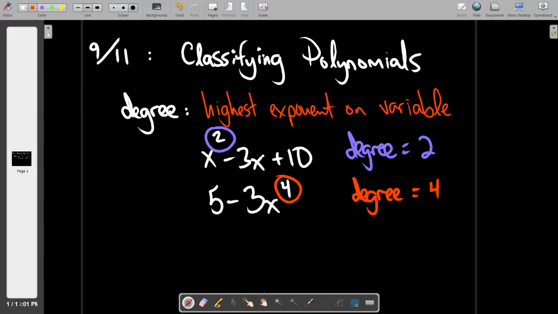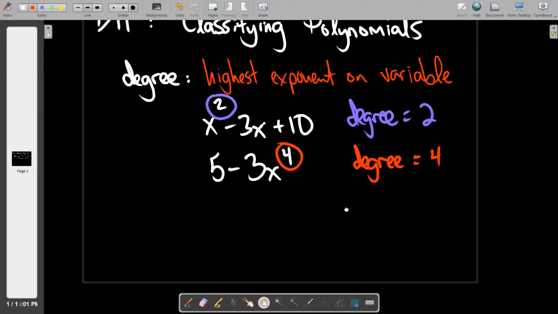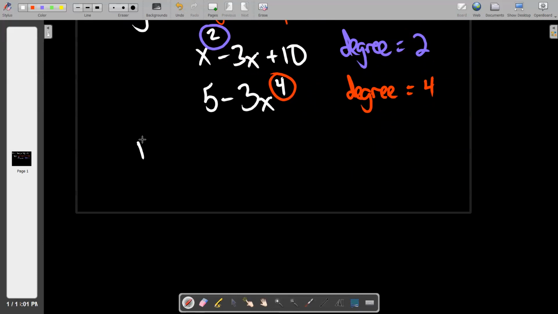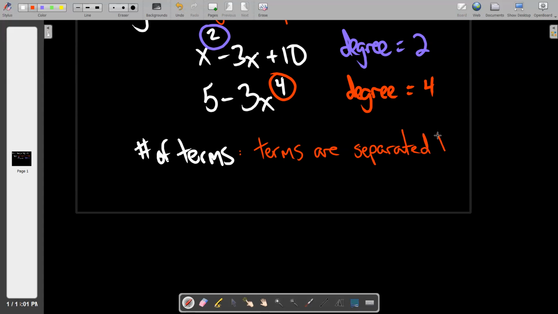Okay. The other method of classification is not the degree, but the number of terms. And the terms, I can give you a little bit of a half-hearted definition for this. The terms are separated by plus and minus.